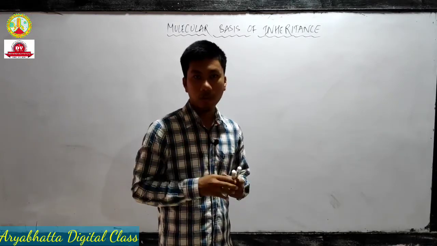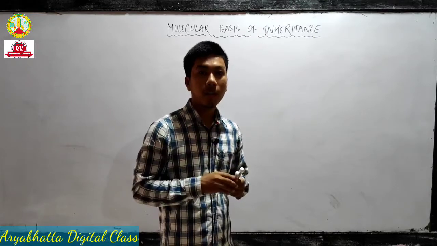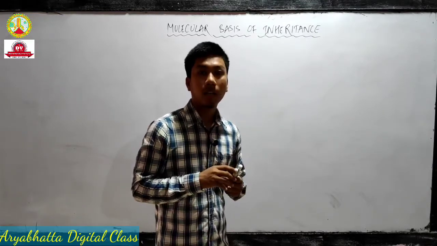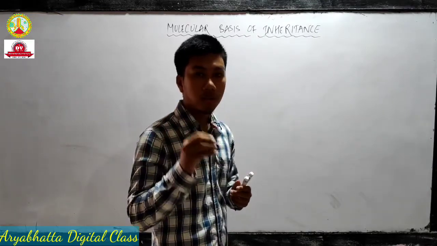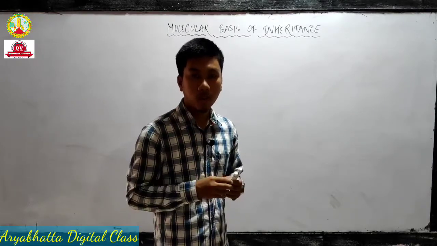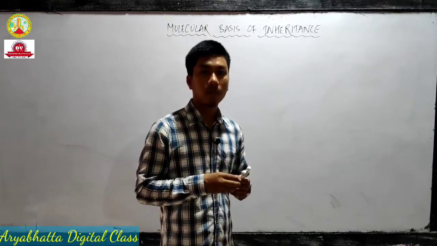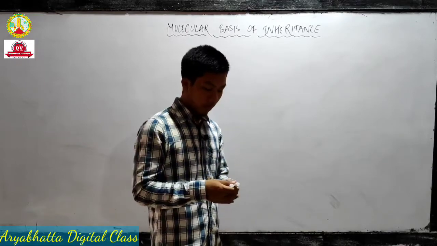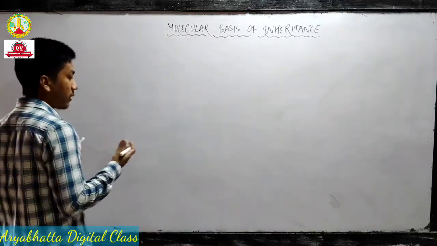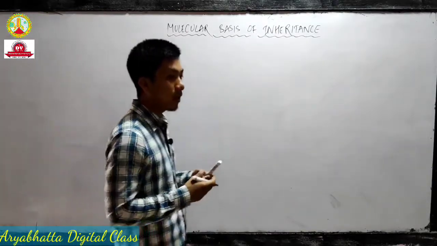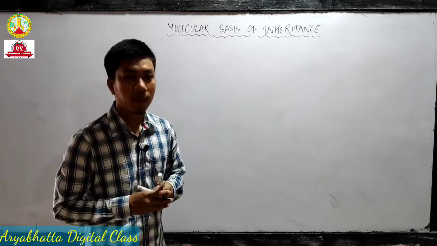It was supposed to live, but the mice died. The reason is that the S3 strain must have transferred something into the R2, resulting in the formation of a pathogenic strain. So that was the experiment performed by Griffith.